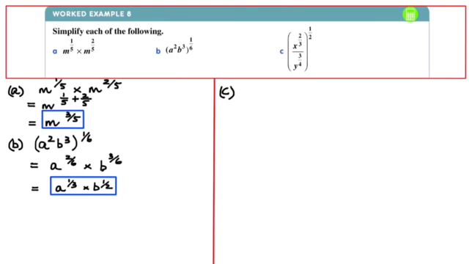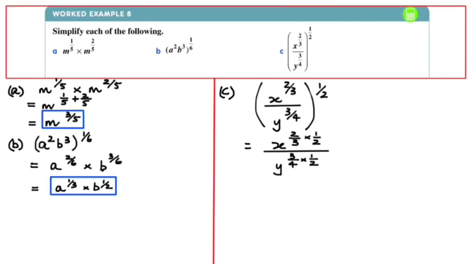Now, number C. Looks very beastly, doesn't it? But fear not, we will overcome. So we've got x to the 2/3 over y to the 3/4, all raised to the half. Well, simple matter, guys. You just multiply this by this when we're multiplying out the bracket for the x term, and for the y term we do the same thing. All right? No problem. So it's x to the 2/3 times a half over y to the 3/4 times a half.